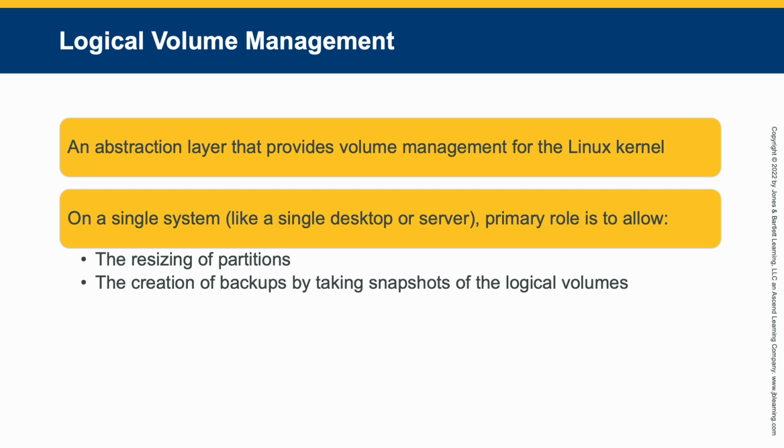Additionally, LVM can stripe data across multiple disks for improved performance and can mirror data for enhanced redundancy and fault tolerance. This combination of flexibility, performance, and reliability makes LVM a preferred choice for managing storage in both desktop and enterprise environments.